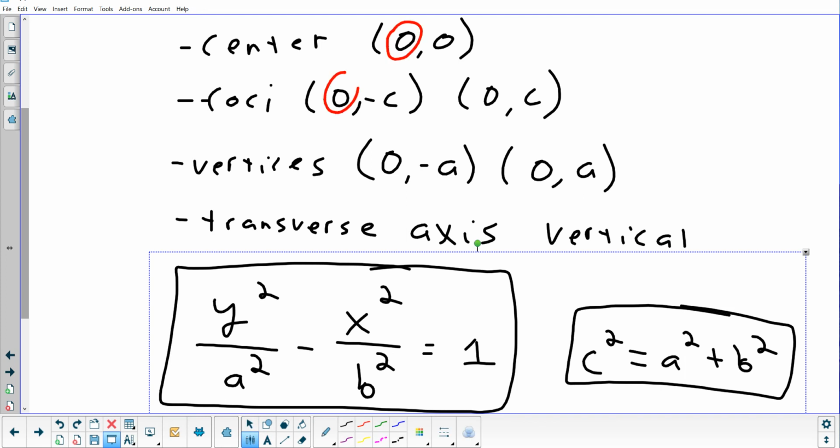Notice now, all these numbers are the same. And they always will be the same when the transverse axis is vertical. They might not always be zeros if you shift it, but they'll always be the same.